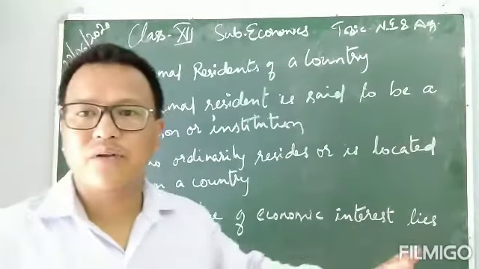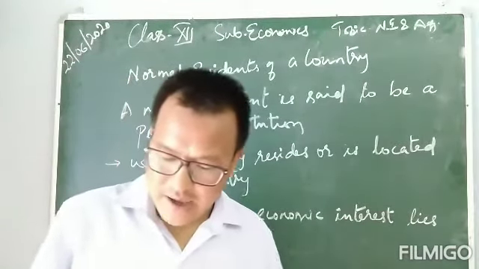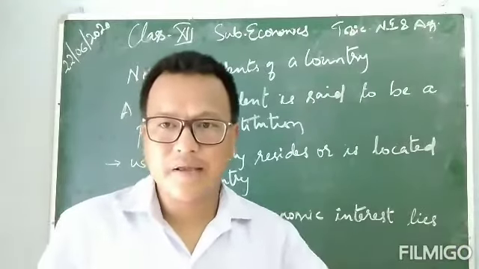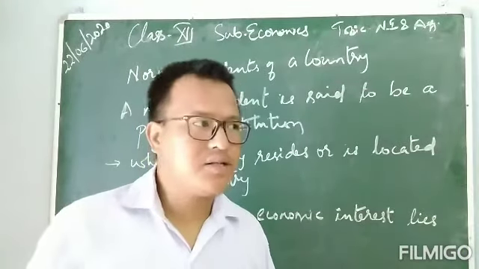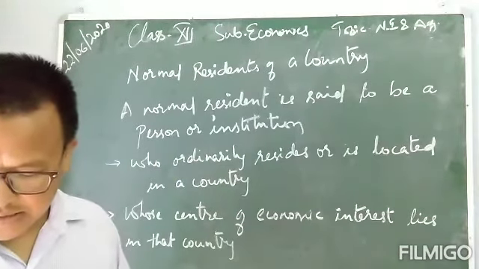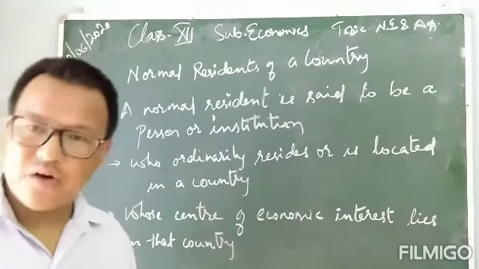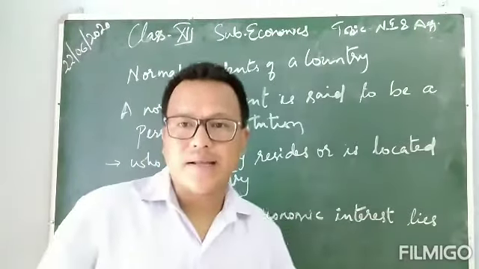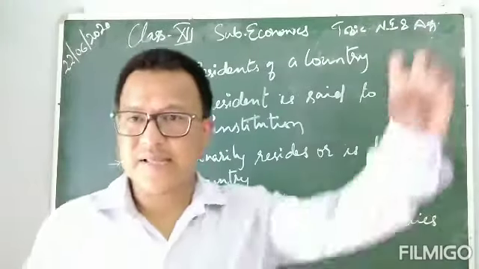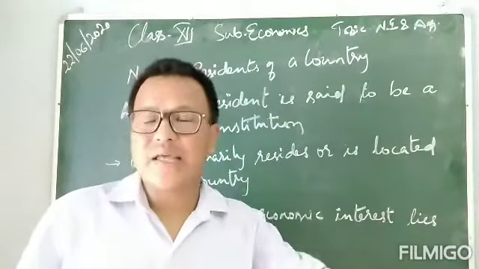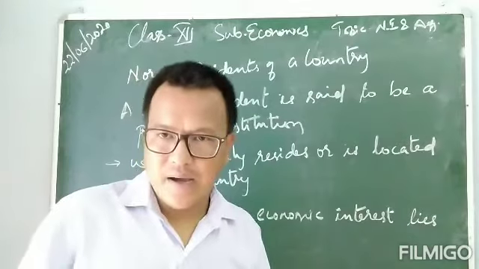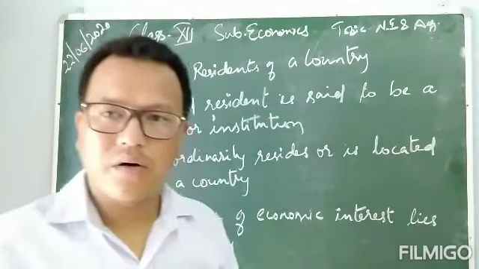They have resided there for years, and they have become part of that country's economic activities and are engaged in them. These persons can be citizens of a country and can also be normal residents. But those people who reside in other countries but are Indians are called NRI, non-resident Indians.